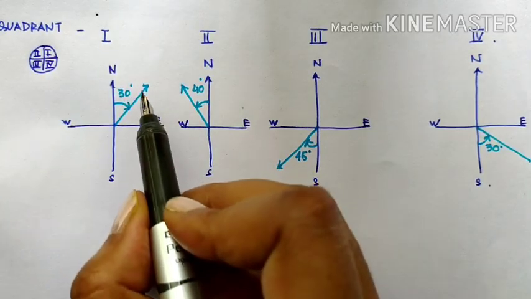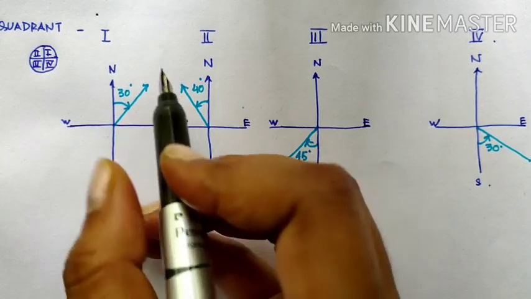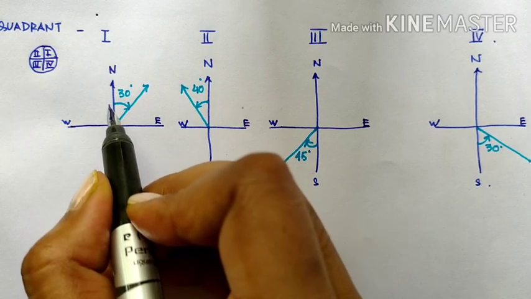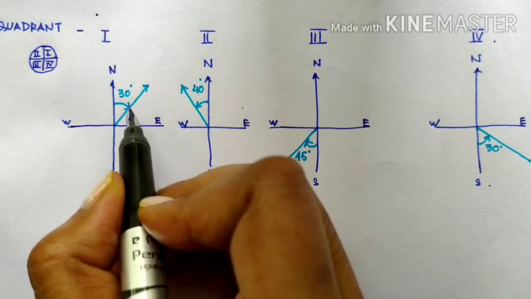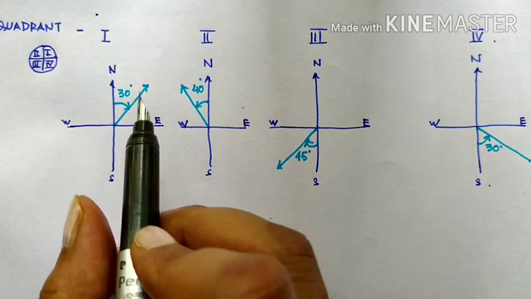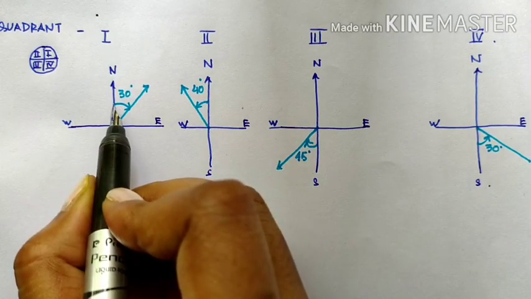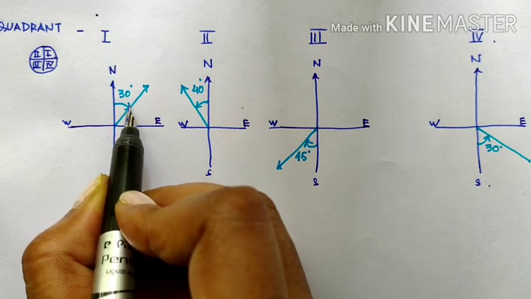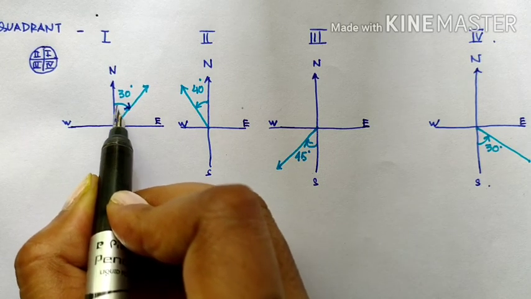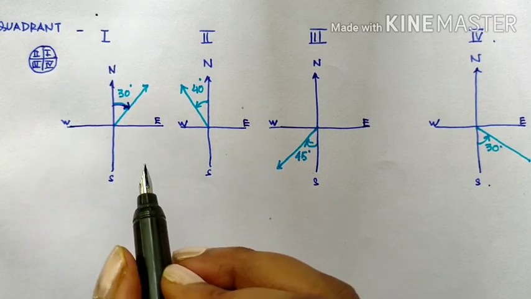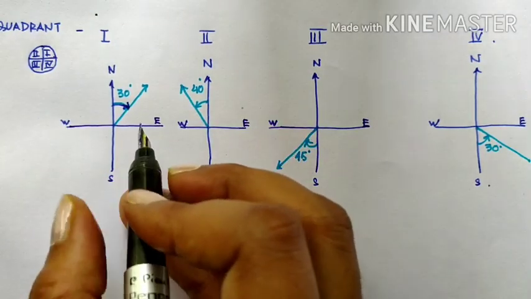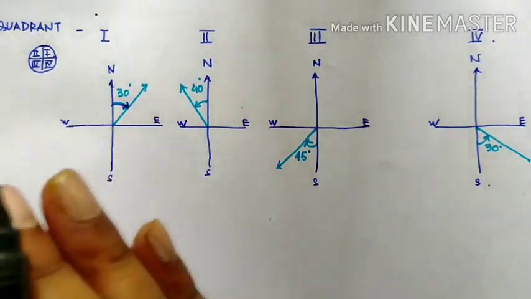Now if a line is there in the first quadrant, we have to find out the reduced bearing, which is the angle. Now we have to start from the north line. So from the north line, you are moving towards the line and here it comes to 30 degree. So the reduced bearing is, we simply cannot write 30 degree.